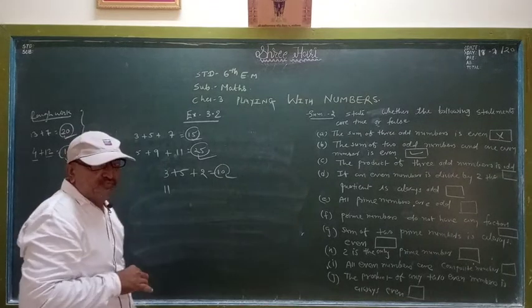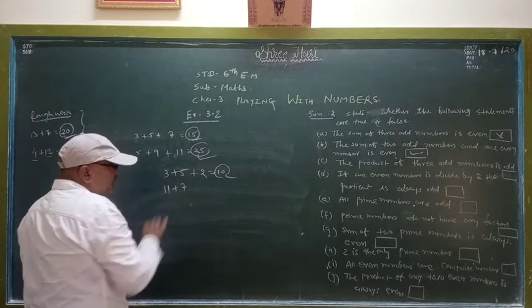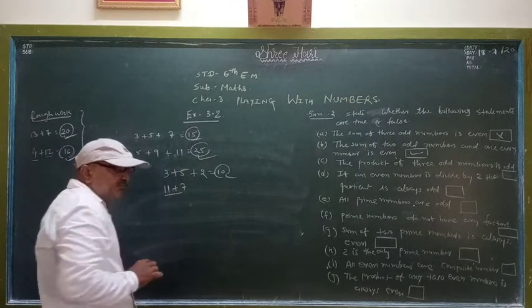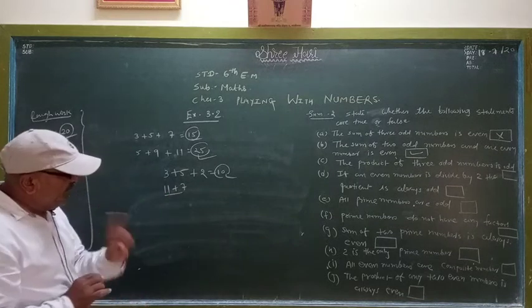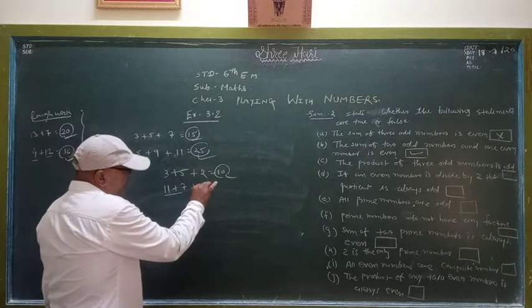Let us take another example. 11 is odd. 7 is odd. 11 and 7 are odd. I add one even number, 4 is an even number.